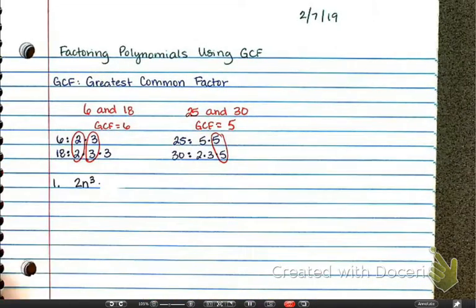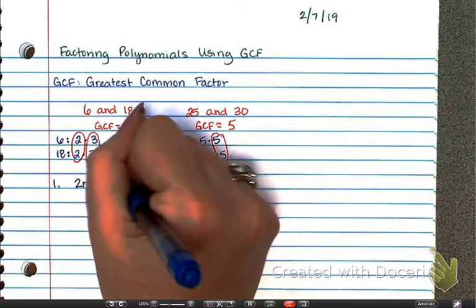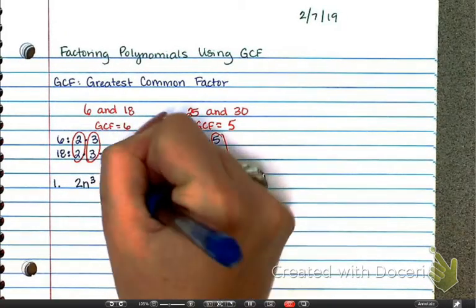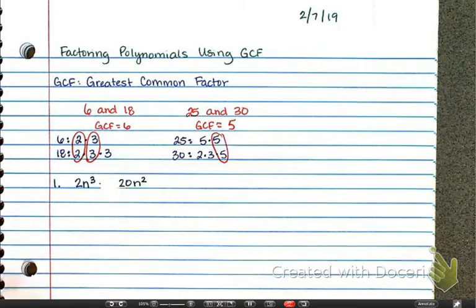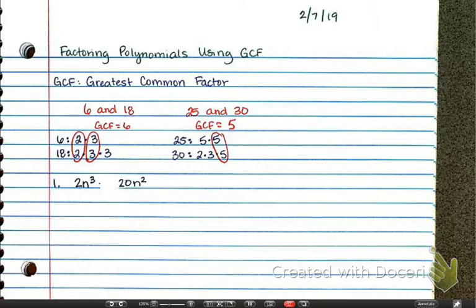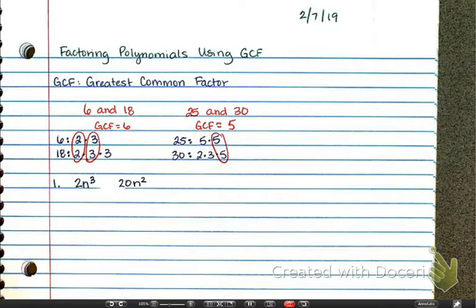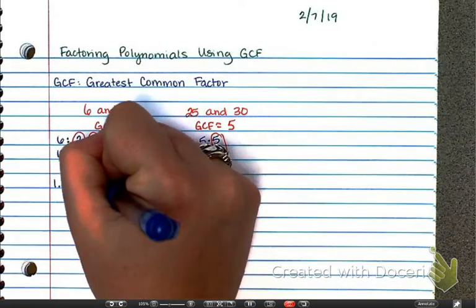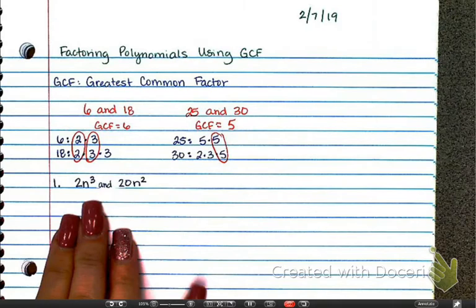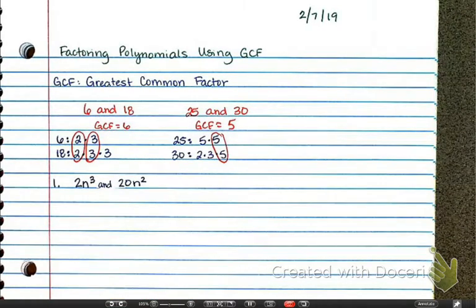So we're going to look at 2n to the third, and we're going to look at 20n squared. It's just 2n to the third and 20n squared. Now, this is not what we're doing. We're just breaking it down for now so that we can really see.